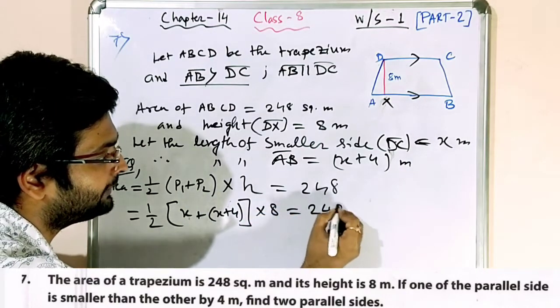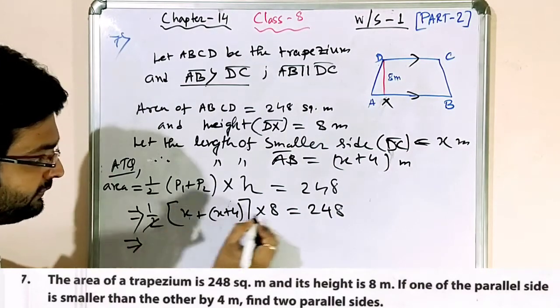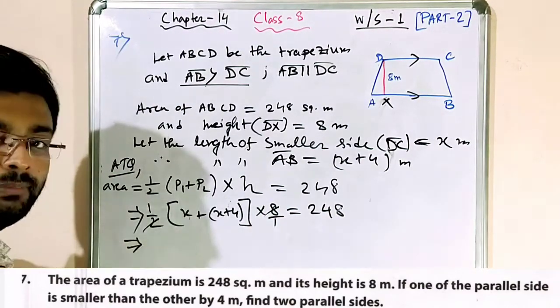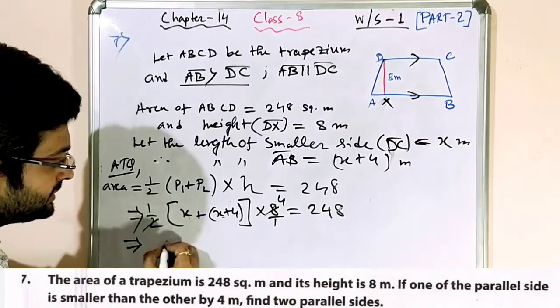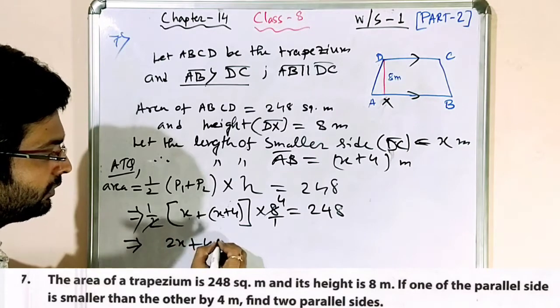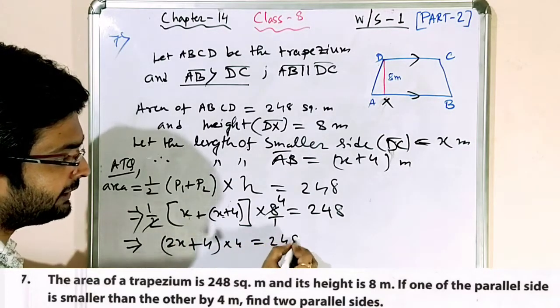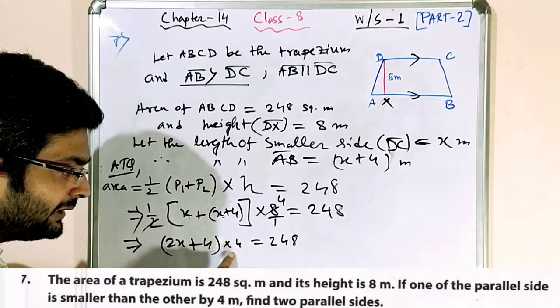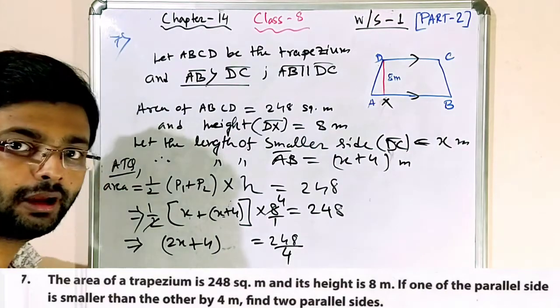So 248 implies, half with 8 can be cancelled, 8 by 2 is 4. So X plus X, 2X plus 4, into 4 equals 248. The 4 on this side, if you transpose it, means divide by 4.